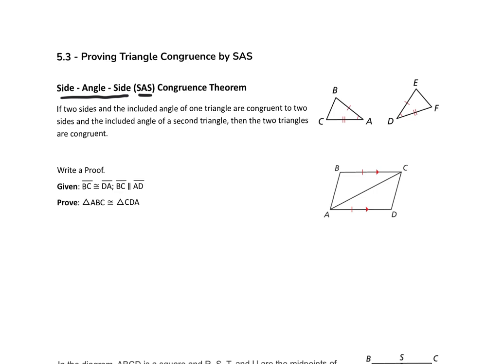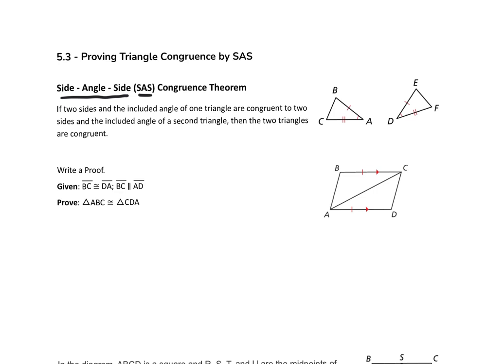So in order for 2 triangles to be congruent, rather than proving all 6 pieces congruent, if I have one pair of sides and an included angle and then another pair of sides, so the angle has to be between the 2 sides that we know are congruent. If that's the case, then we have side angle side, okay? And it just kind of follows the path, side, angle, side, in that order.